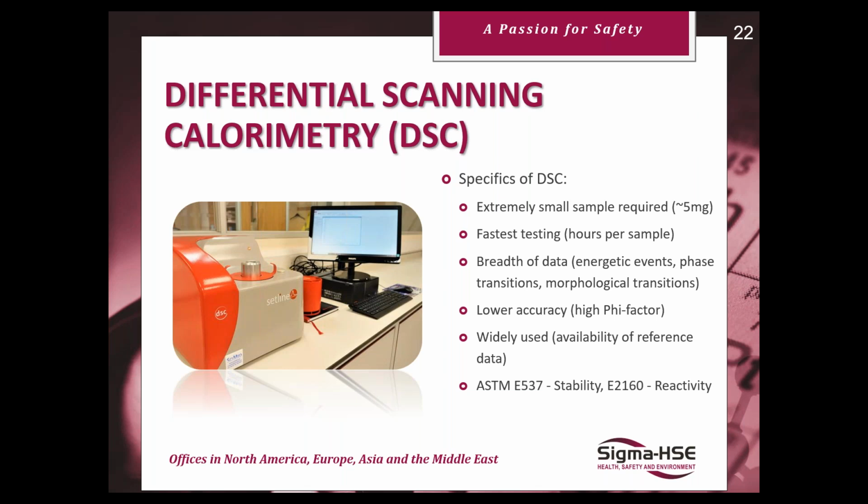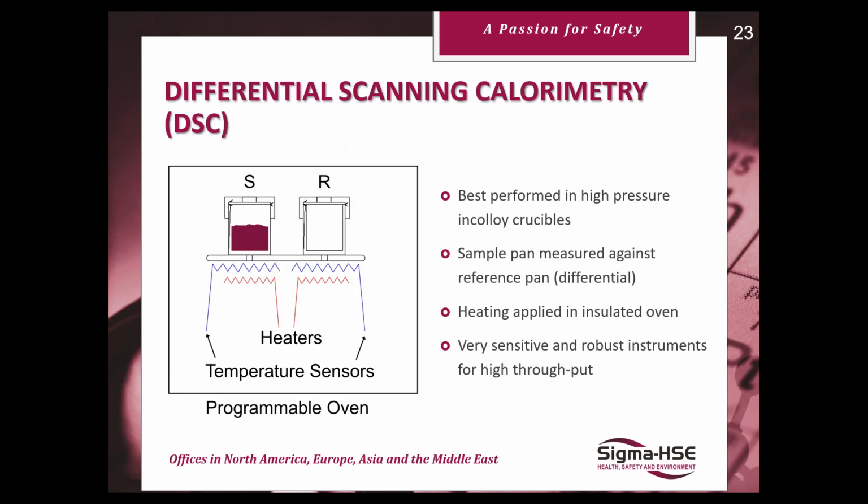And if we go on to the next slide, we can see a bit more about how it works. All these measurements are taken by comparing two high pressure Incoloy crucibles, one with the sample in and one just an empty reference cell, hence the differential in differential scanning calorimetry.